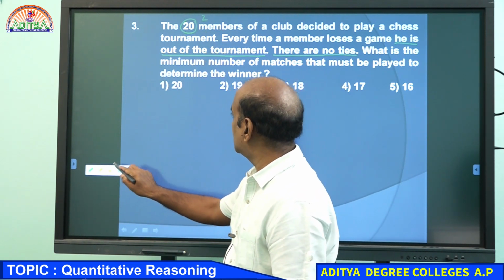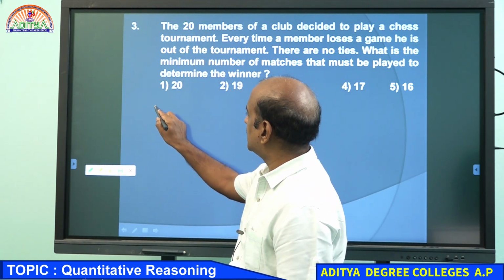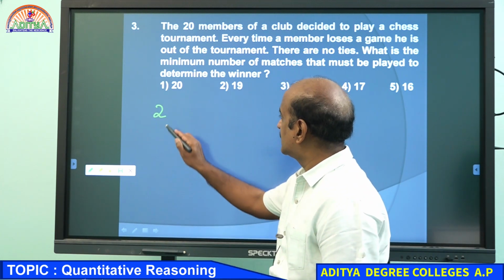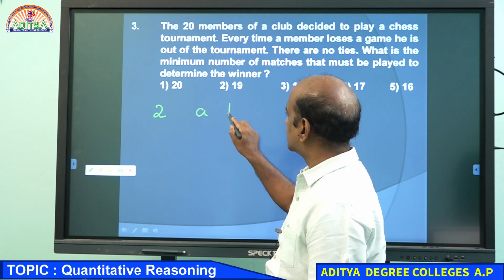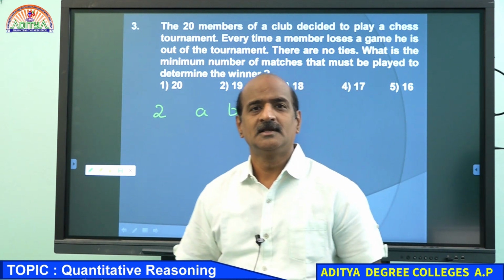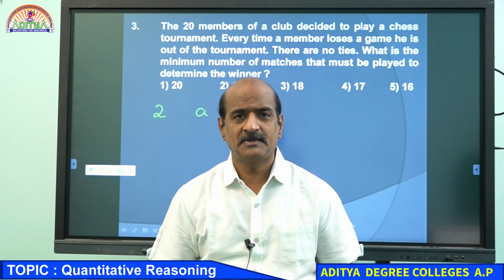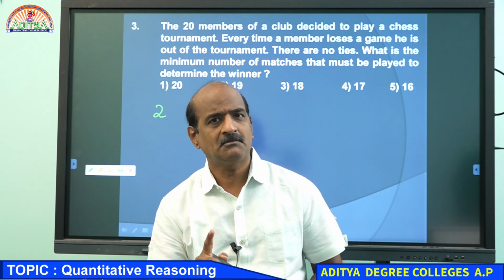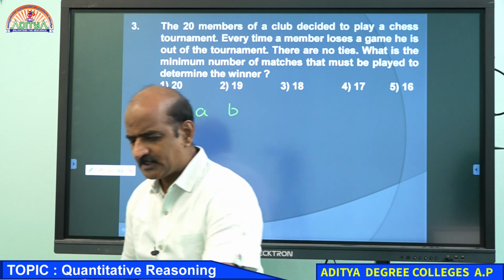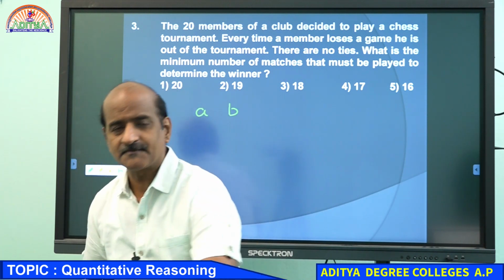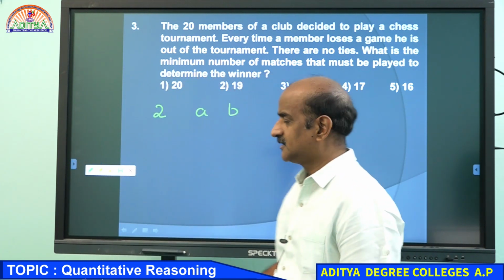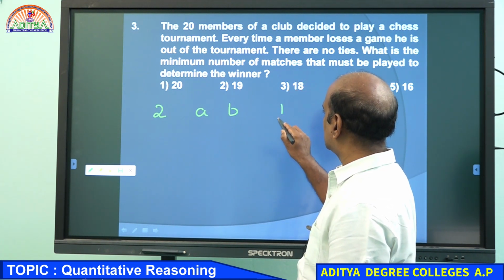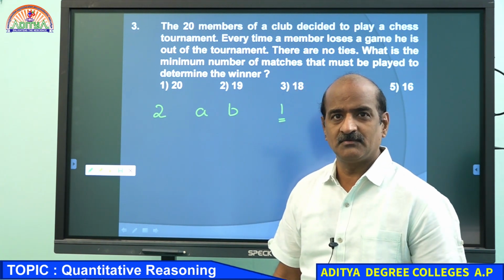Let me consider a case where there are only 2 people, let us assume A and B. Obviously the winner can be decided in only one match, because between A and B only one match will be played. Therefore, if there are 2 players, the minimum number of matches required is obviously 1.